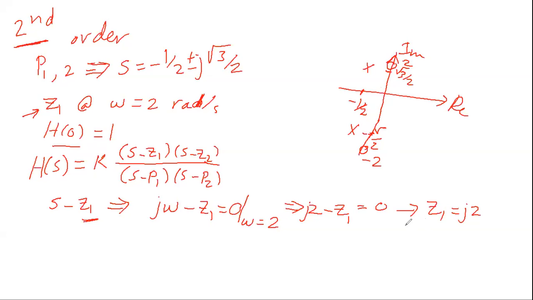So that means Z2 is negative j2. Why is that? Because any complex pole or 0 has to have its complex conjugate with it. Here we have -1/2 plus j square root of 3 over 2, then we should have -1/2 minus j square root of 3 over 2.